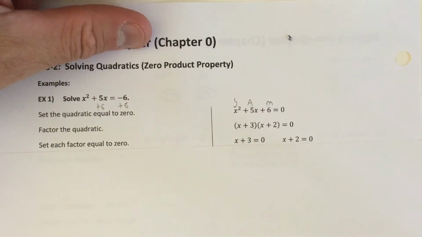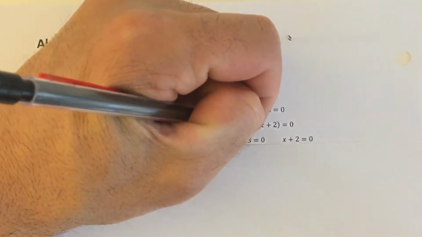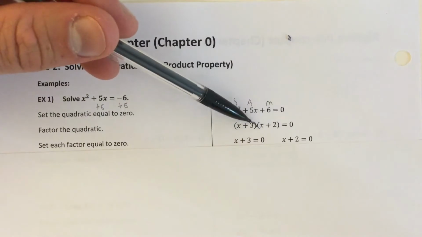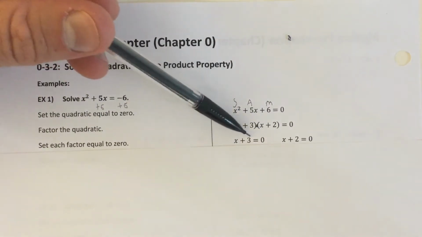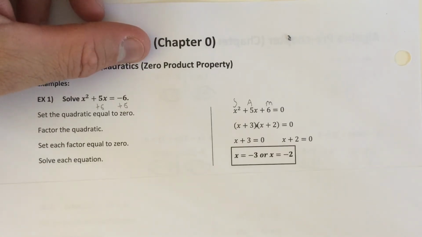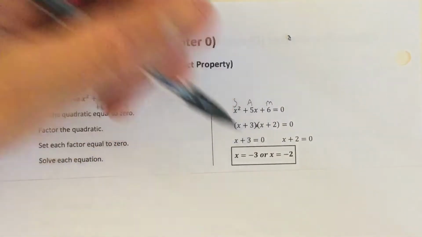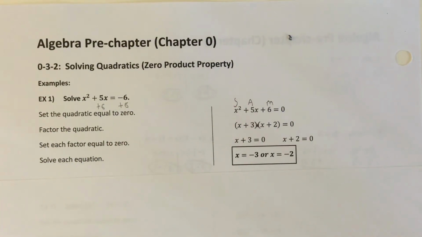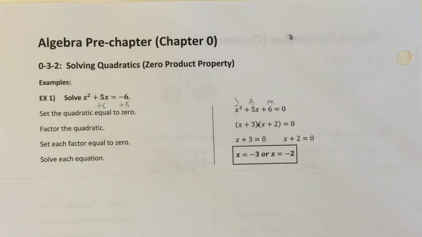Now we can use the zero product property from the previous lesson, where, remember, there's multiplication in between here, we can just set each factor equal to 0. So x plus 3 equals 0, x plus 2 equals 0, and you solve: subtract 3, you get x equals -3; subtract 2, x equals -2. And you now have solved it, you got x equals for both answers.